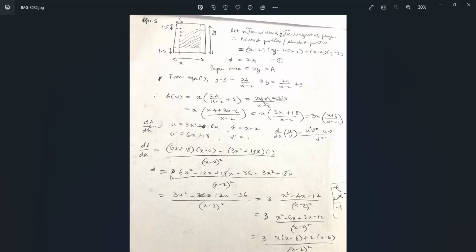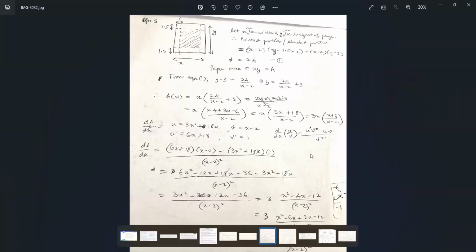So what we have here, while simplifying it, is 3x square minus 12x minus 36. And taking 3 out common here, I have x square minus 4x minus 12. Now I'm going to factorize this numerator. We know that the product gives us minus 12, the sum gives us minus 4. So that is satisfied by minus 6x and plus 2x.